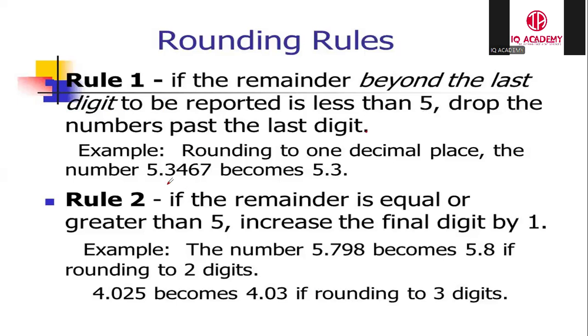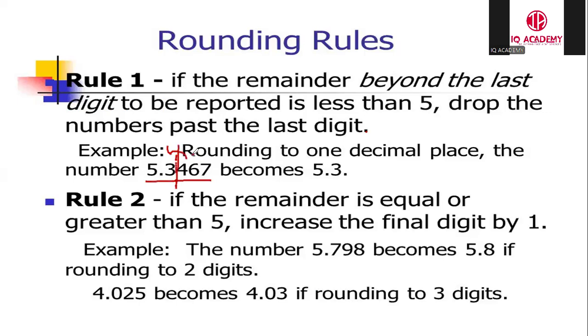For example, if I have this number here and I want to round it off to the nearest tenth, I draw a line here and check my number. If it is less than 5, then to round off I just drop the remaining numbers.